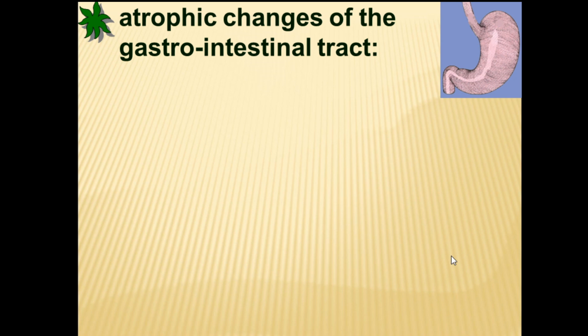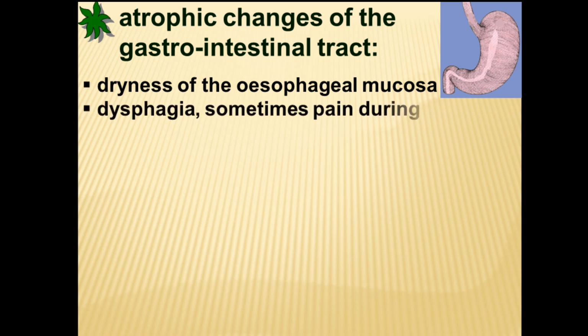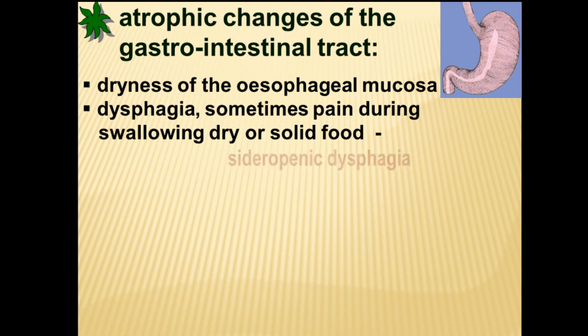The gastrointestinal tract mucosa is involved in the pathological process, and due to atrophy there will be dryness of the esophageal mucosa. As a result, patient feels problems with swallowing of food, dysphagia, which appears due to dryness of the esophageal mucosa.